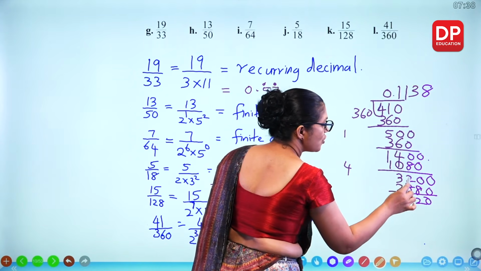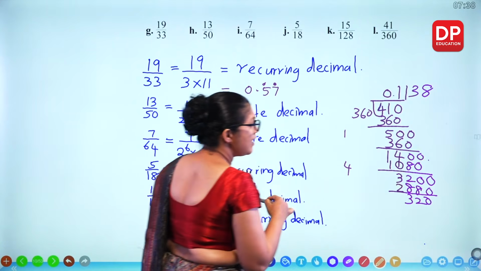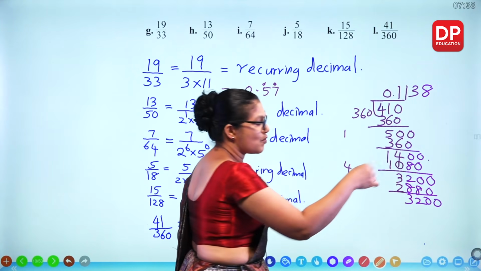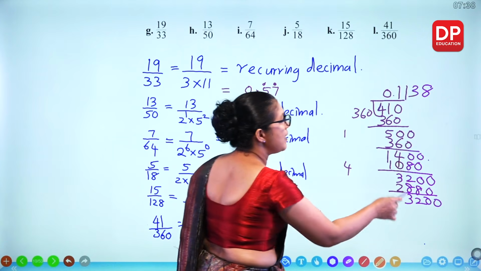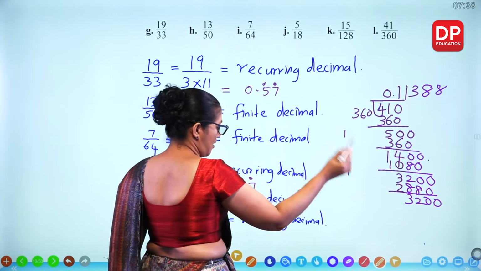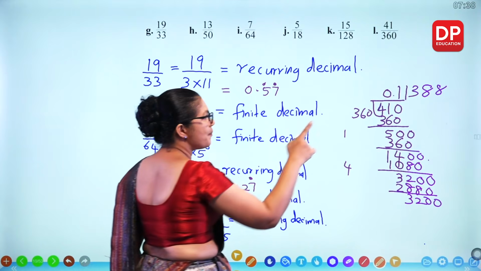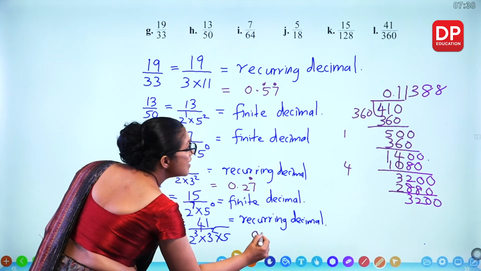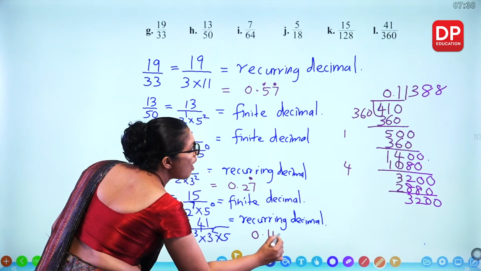You subtract, you get 320 again. Now can you see? Again 3200. Now it's repeating again. What's the concise form? 8 is only repeating. I can write this as 0.113.